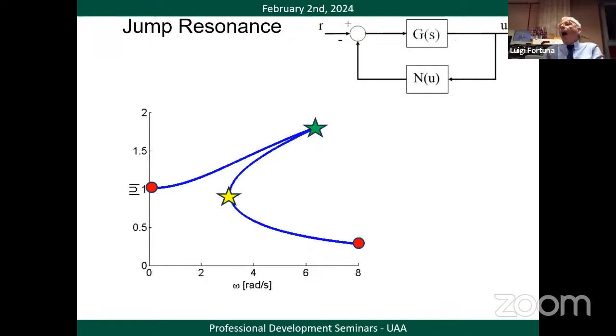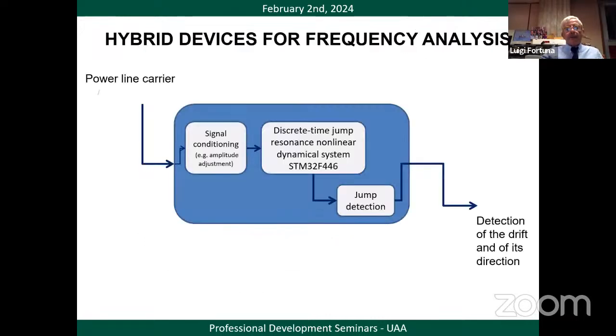This means how many times it goes down and how many times it goes up, and to have a trend in time of this behavior. So we use this effect to design jumping resonance circuits in order to use them as sensors of drift frequency.